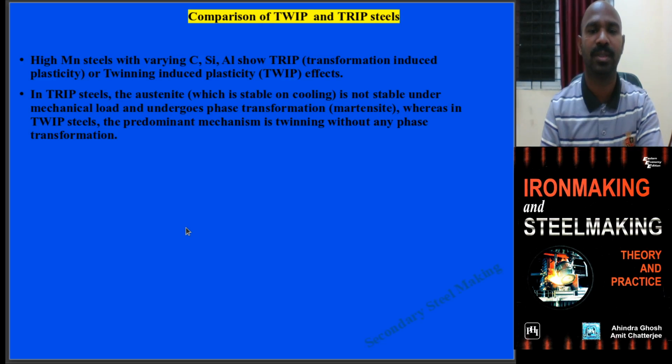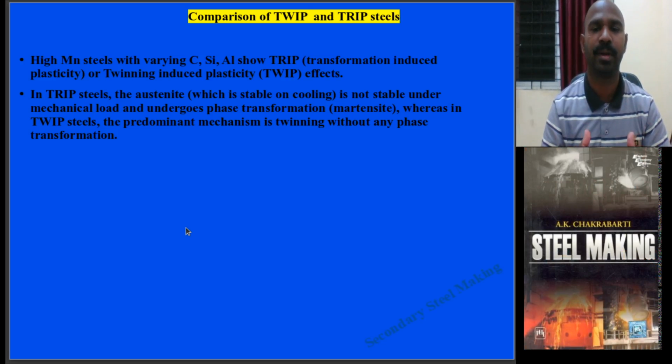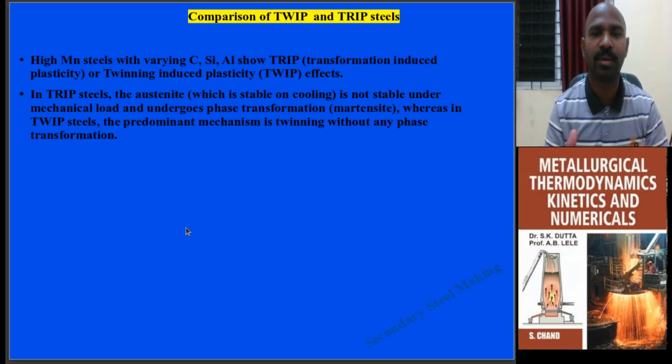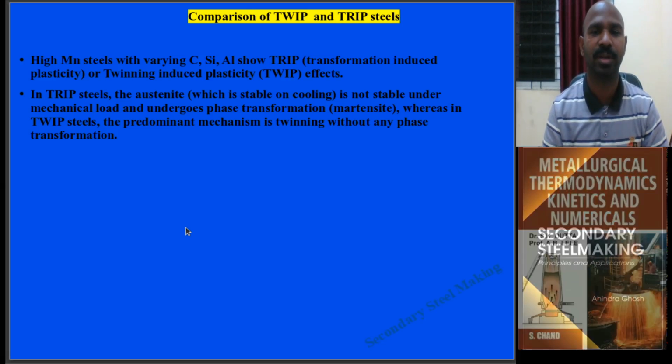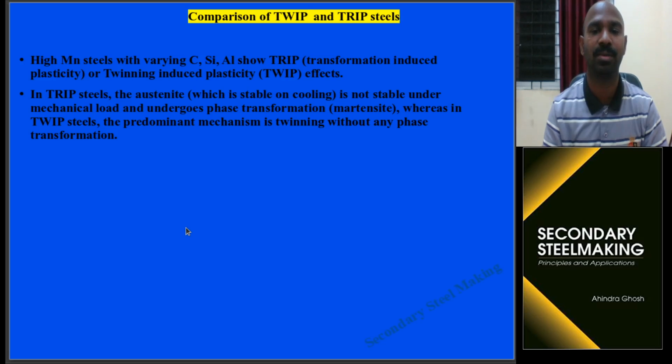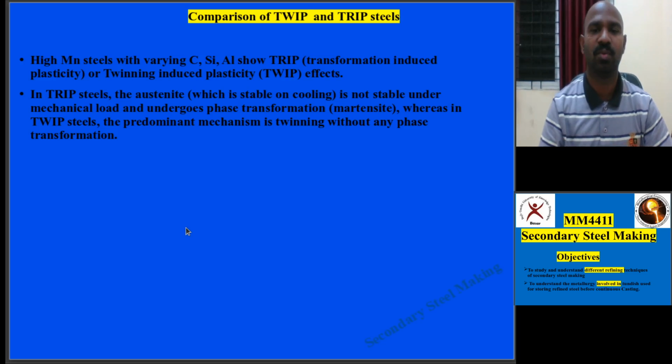And in case of TRIP steel, austenite initially at intercritical temperature was stable, and as it undergoes further mechanical load and cold working, that particular retained austenite phase transforms into the martensite. Whereas in the case of twin induced plasticity, the dominant mechanism is twinning. There is no phase transformation. The austenite remains as austenite, no martensitic phase in the TWIP steel.